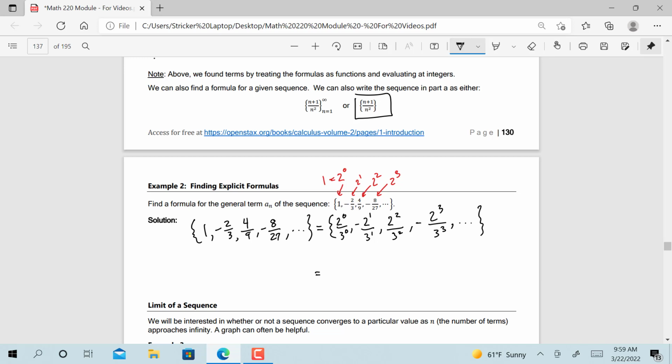So what's our formula here? We know we have powers of 2 on the top, 3 on the bottom, and we know it's alternating, so we need a negative number. So let's go negative 2/3. And we need to have the power be such that we get these terms that we were talking about.